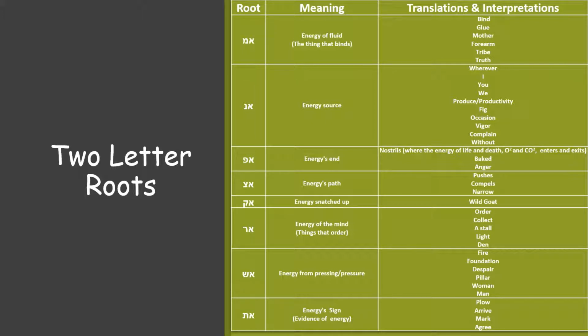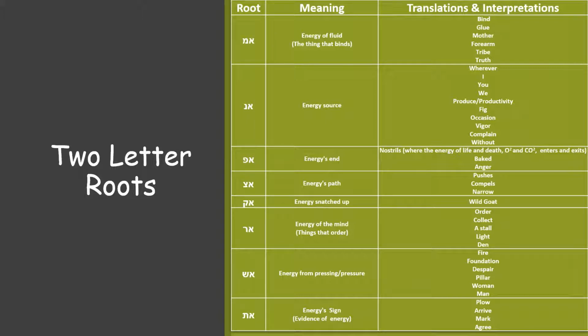Aleph Tsadi, energy's path, pushes, compels, and narrows. Aleph Kof, energy snatched up, is the wild goat. Aleph Resh, energy of the mind, are things that order itself, a collection, a stall, flight, and dens.